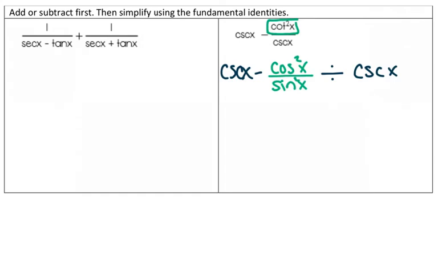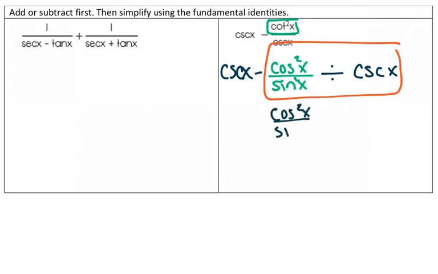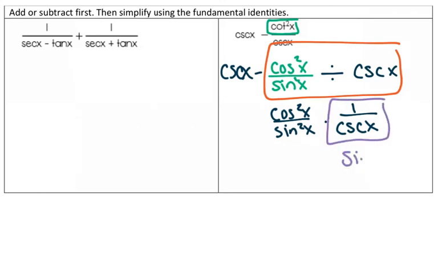Alright, so this part, fraction and division, we're going to use same change flip. Same change flip. And I know that this becomes the same thing as sine. So I have this.